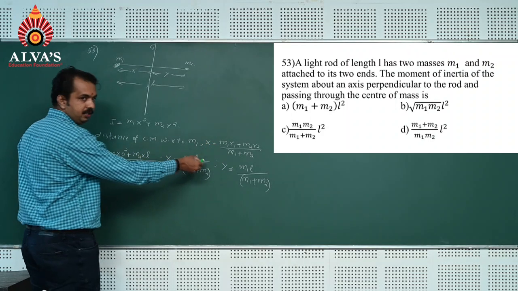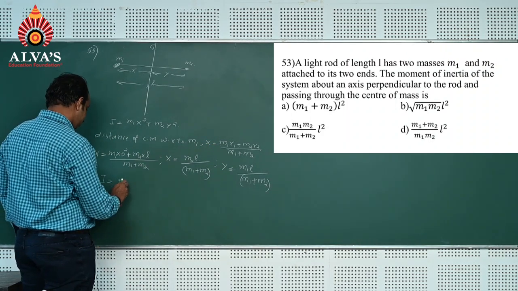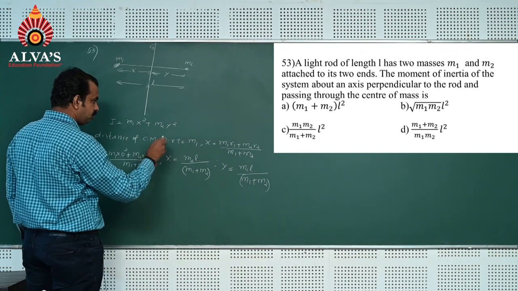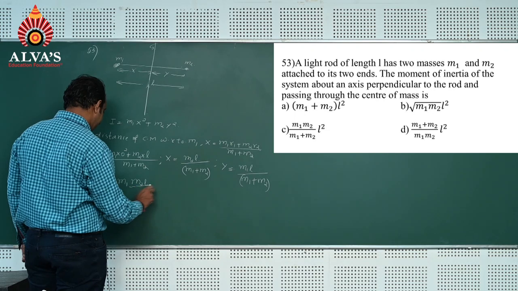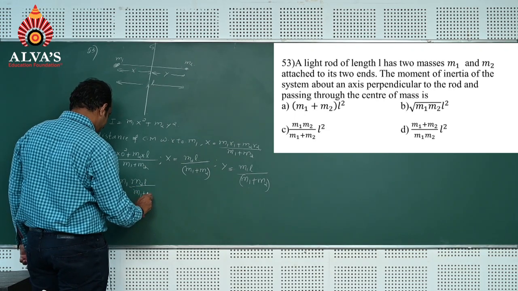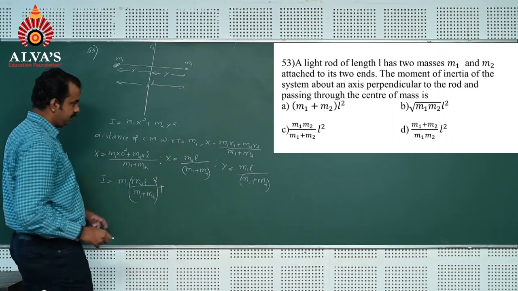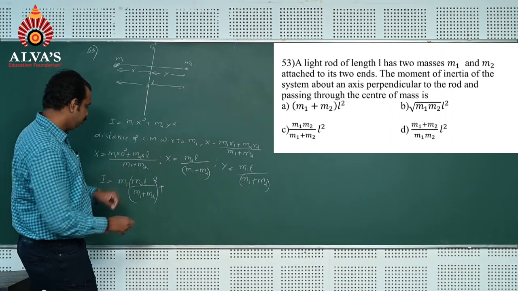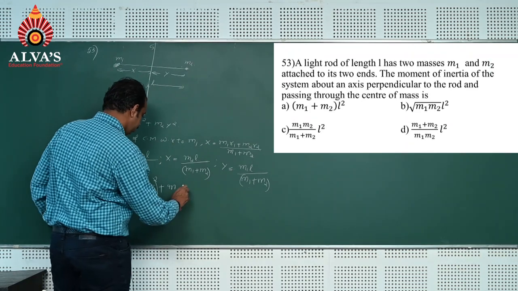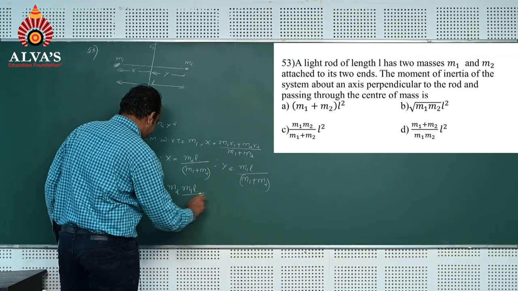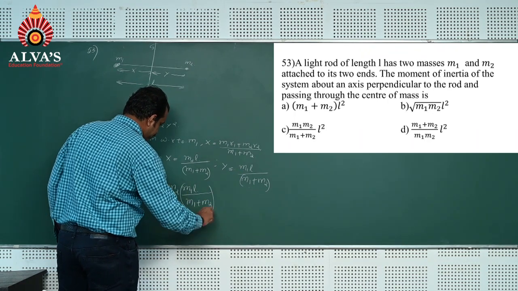If you substitute these values in the expression, I is equal to m1 x square, which is m1 into m2 L divided by m1 plus m2 whole square, plus m2 into y square, which is m2 into m1 L divided by m1 plus m2 whole square.